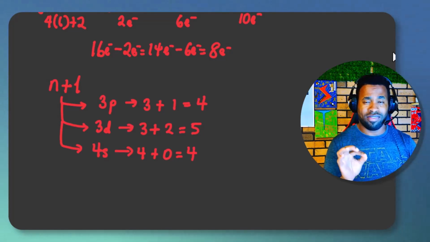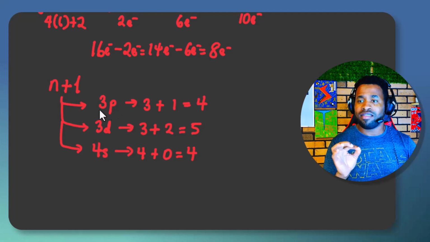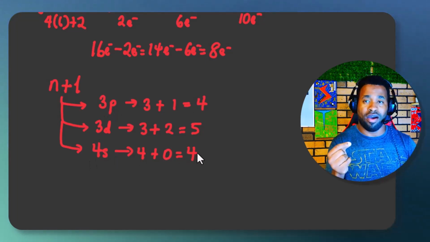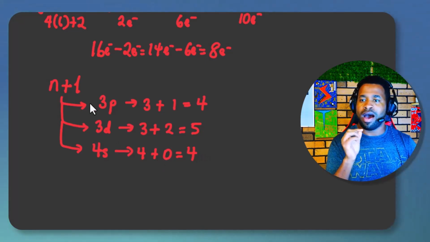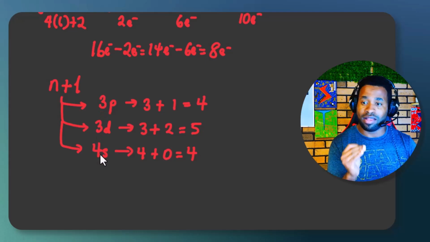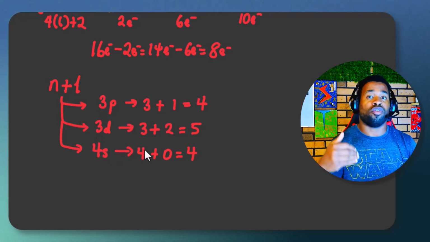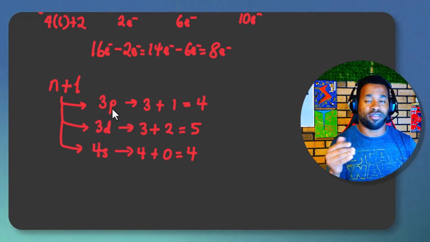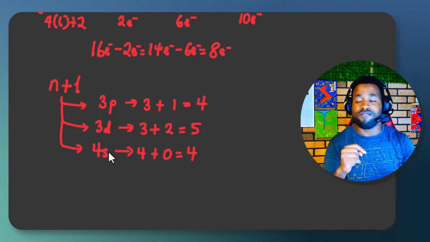And what we see is that our 3p and our 4s have the same n plus l value, but because our energy level n value of 3 is lower than that of 4, we're going to fill the 3p first before we fill our 4s.